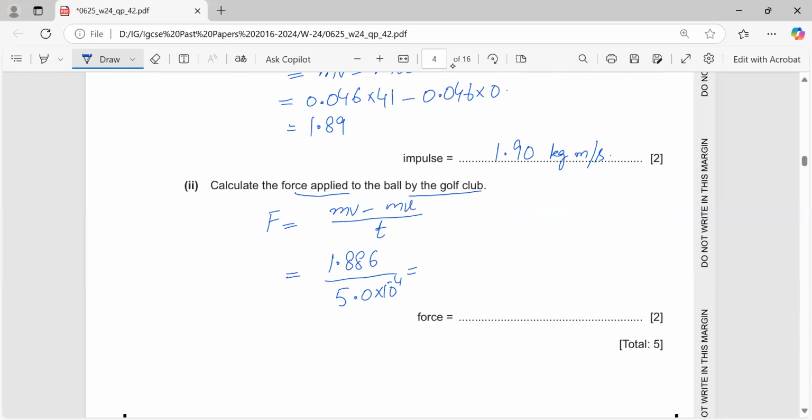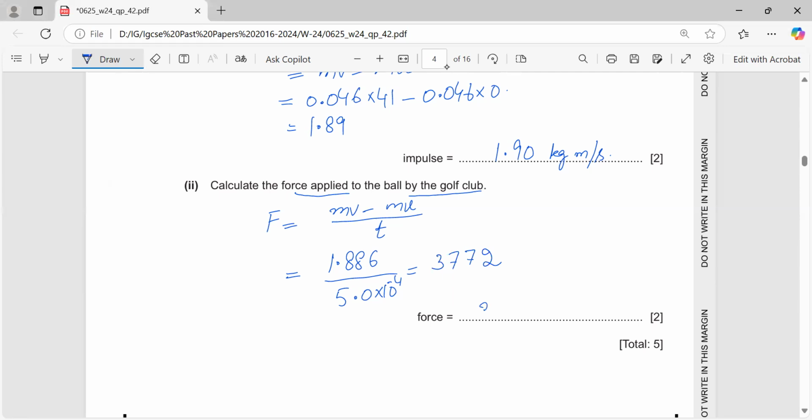So when we are calculating it, we are getting the answer, 1.886 divided by 0.0005. So it is 3772. Yes, Mariam, correct, 3772.